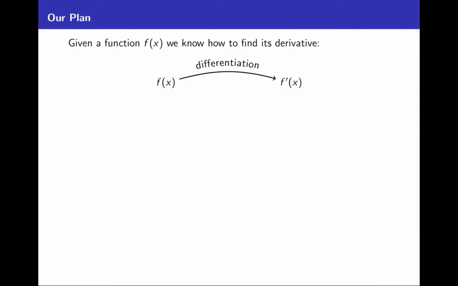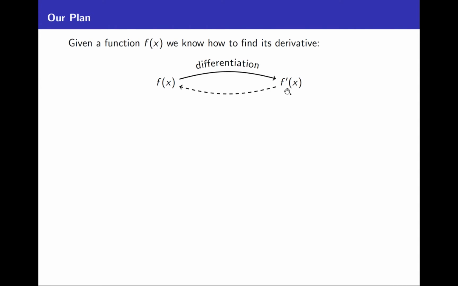I begin by outlining our plan. Given a function f of x, we know how to find its derivative. We're very familiar with this process. Given an f of x, through the process of differentiation, we can find the derivative f prime of x. Beginning today, we run that process in reverse.